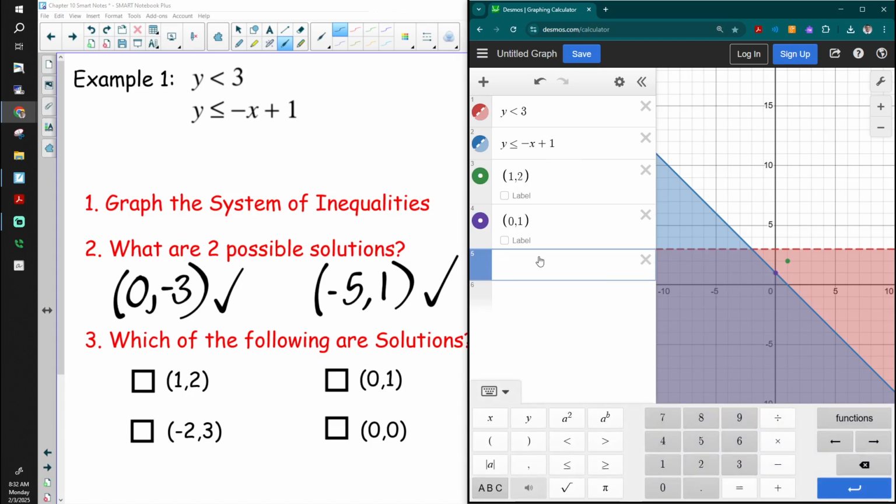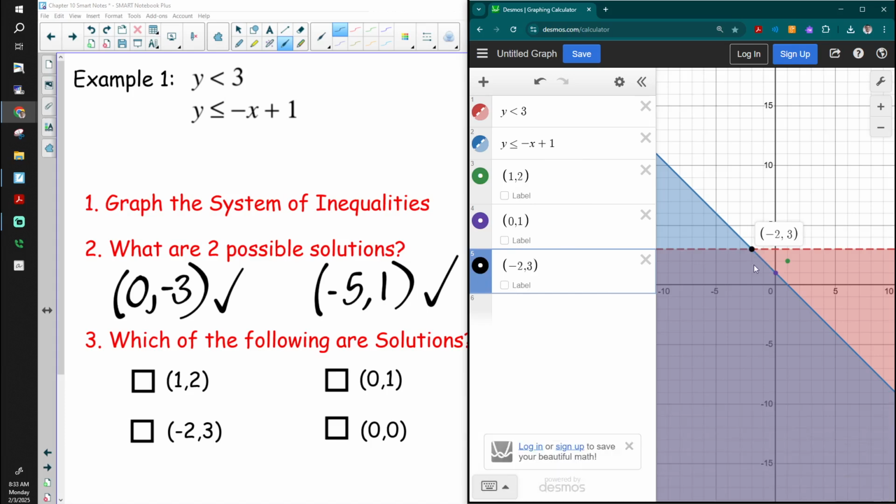Next one. Negative 2, 3. Right here. What do you think? Is it on the blue line? Yes. It is on a solid blue line, and that counts as touching blue.